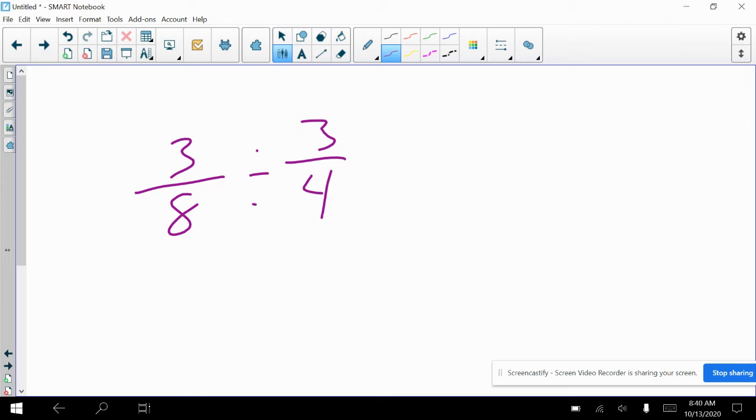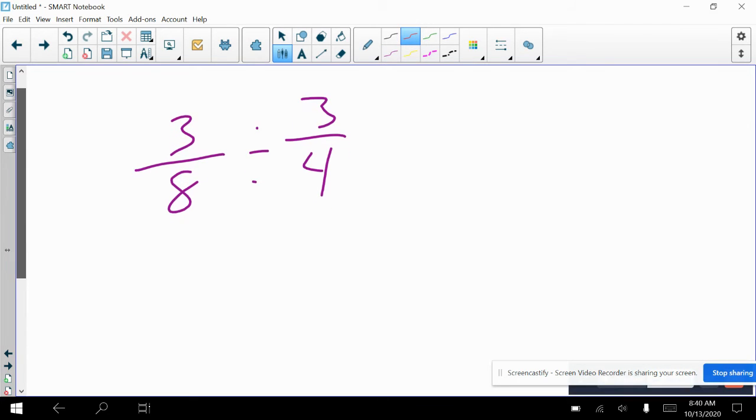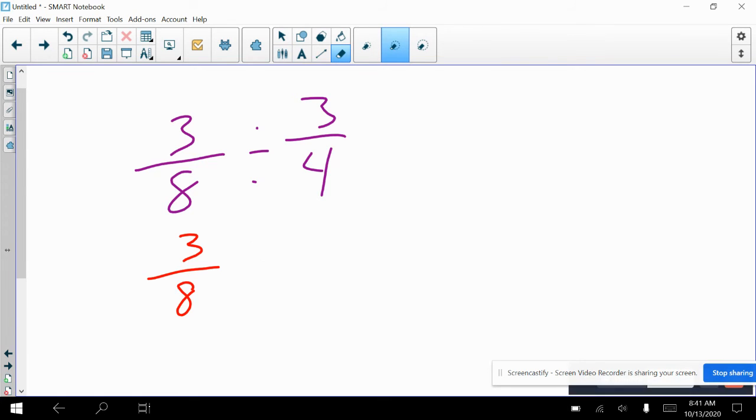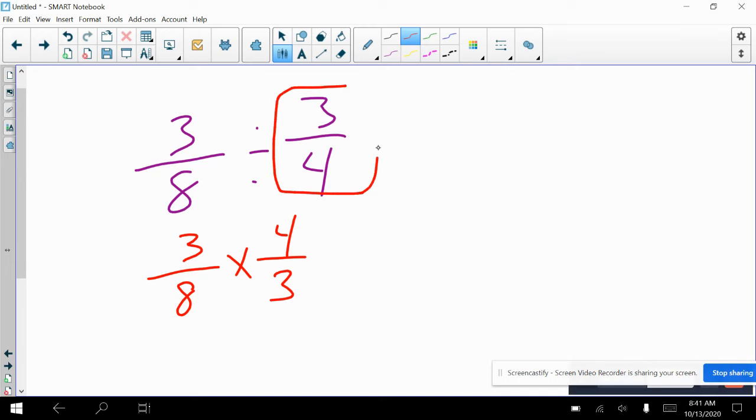Okay? So in other words, here's what you have to do. The first fraction always stays the same. The second fraction, what do you think we do to it? We multiply by the reciprocal of the second fraction.